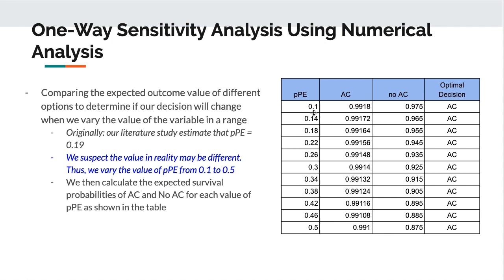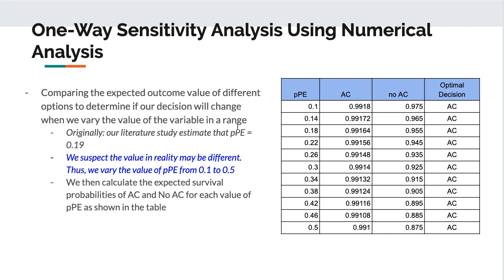We can make a smaller change, but the analysis is not going to be different. Okay. So in order to do the one-way analysis, we're going to compare the expected value outcomes of different options. Here we have two options, AC and no AC, to determine if our decision will change when we vary the value of the variable in this range.